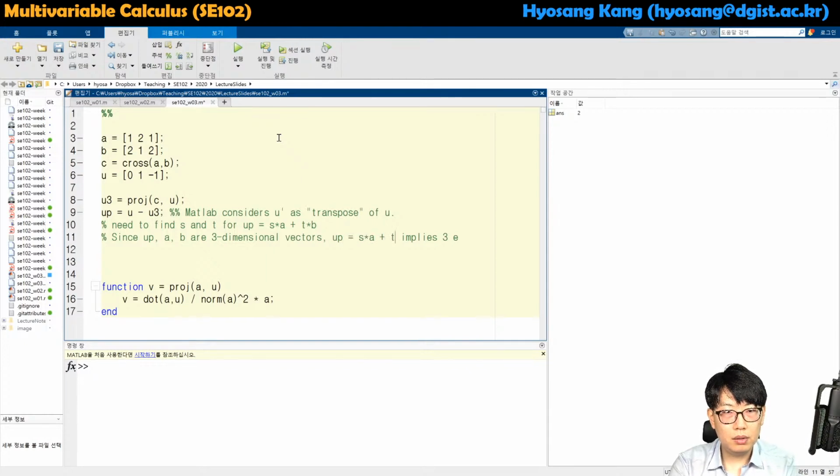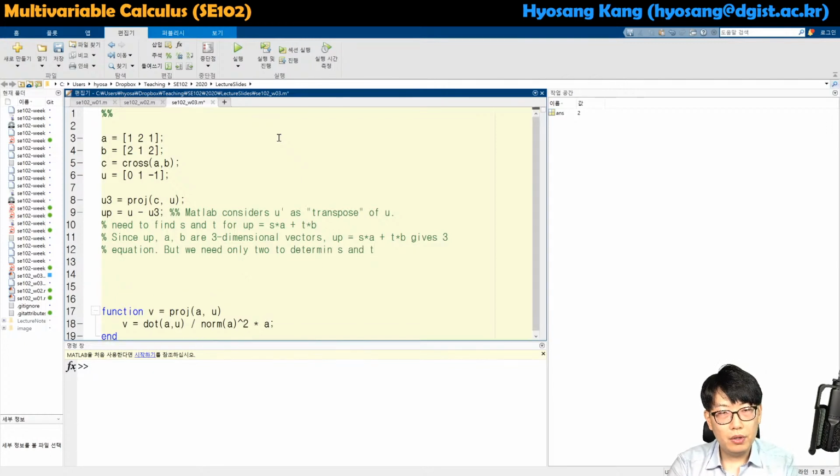UP equals SA plus TB gives three equations, but we need only two to determine S and T. So what we are going to do is just use the first two components of our vectors.